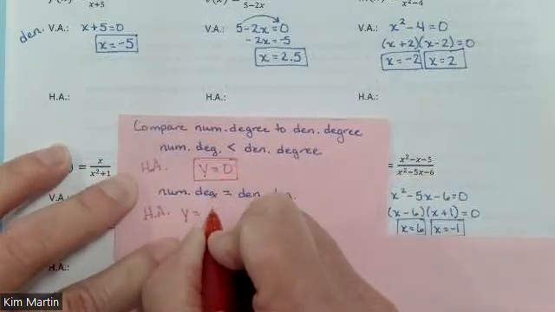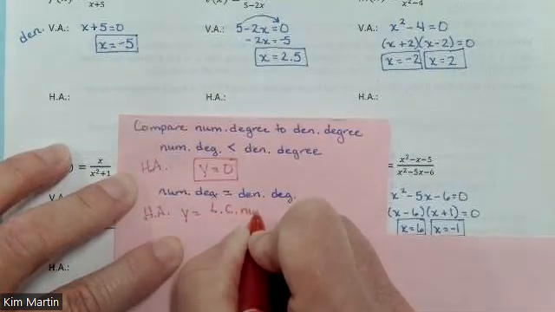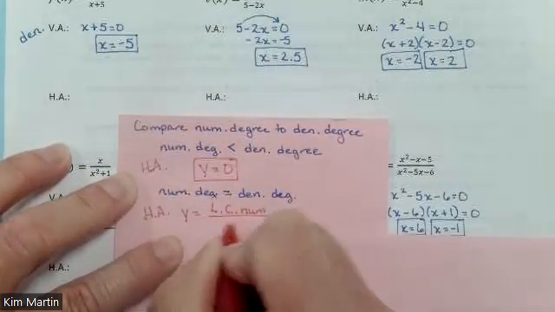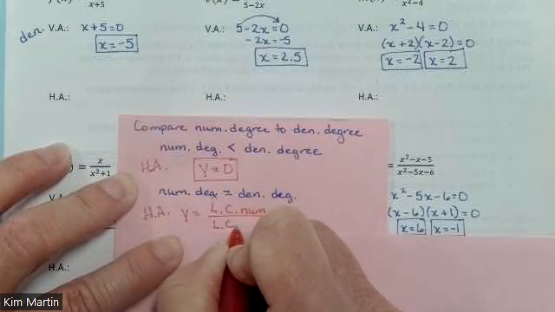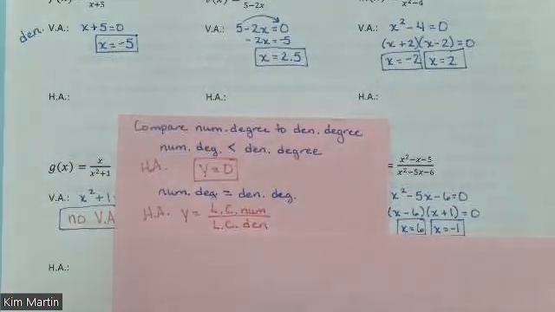You are going to put your leading coefficient of your numerator over your leading coefficient of your denominator. Now, if LC does not work for you, then write out leading coefficient, okay? That's what it did on the page before.